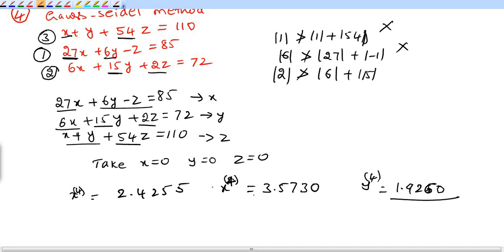So this is the solution. So finally we conclude that x is 2.4255.